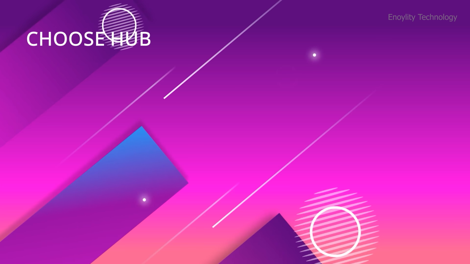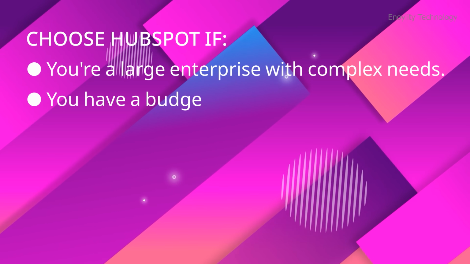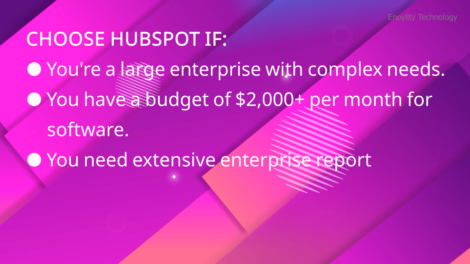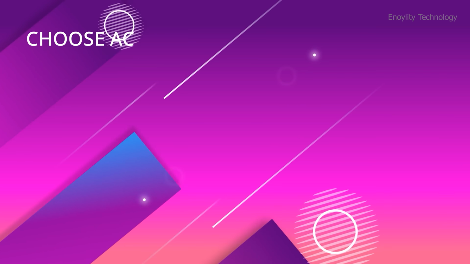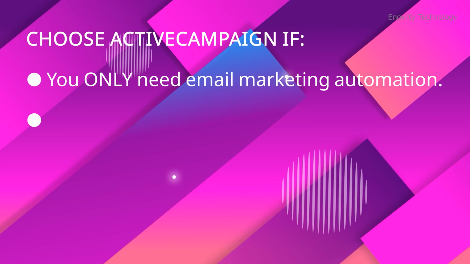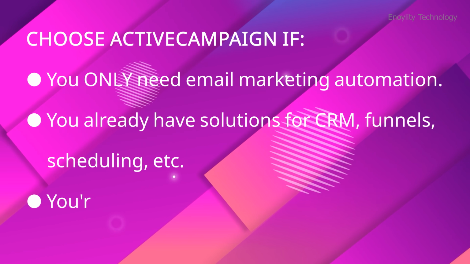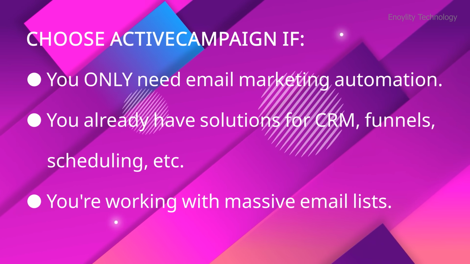Next, choose HubSpot if you're a large enterprise with complex needs, or you have a budget of $2,000 plus a month for software, or you need extensive enterprise reporting and white labeling isn't important to you. Next, choose ActiveCampaign if you only need email marketing automation, or you already have solutions for CRM, funnels, scheduling, etc., or you're working with massive email lists.